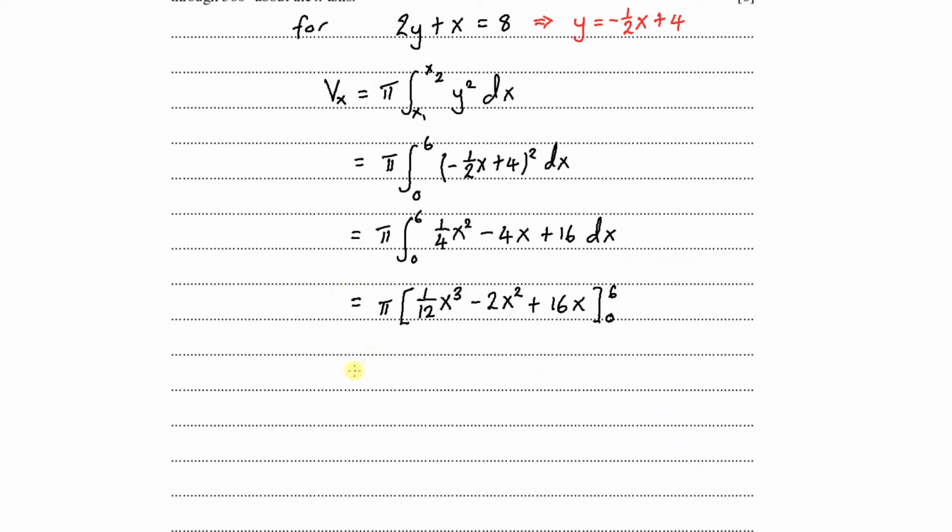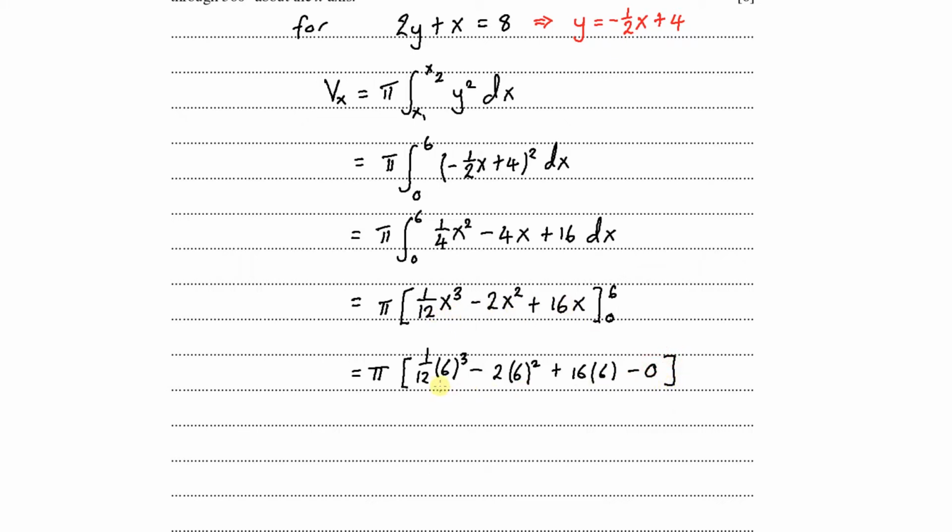We can now substitute. Substituting 6, we have 1/12 of 6 cubed, minus 2 of 6 squared, plus 16 of 6, and then minus the result of substituting 0, which just gives us 0.